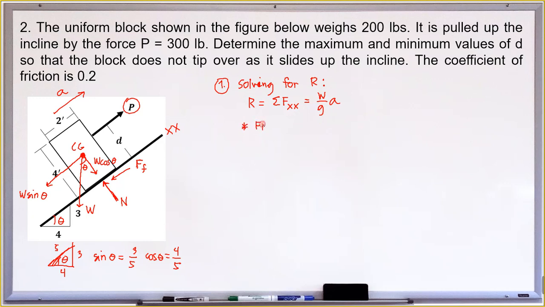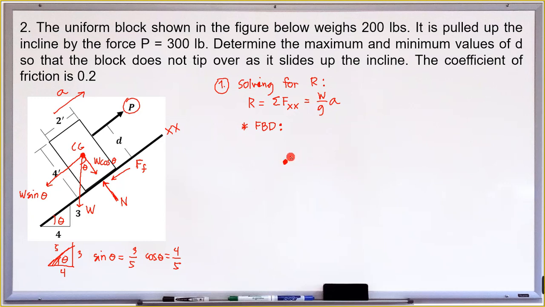So we treat it again as a particle. As a particle. So we do this just to solve for the acceleration only. Okay? It does not affect the calculations of the distances. So we assume it is a point or particle.